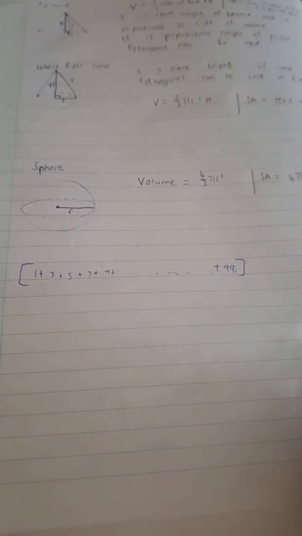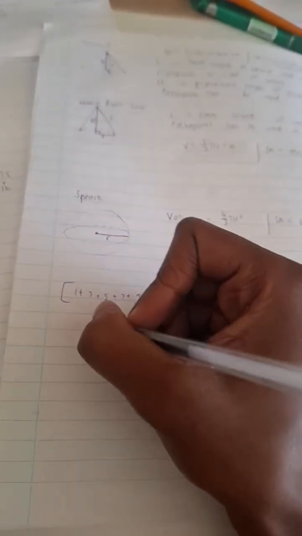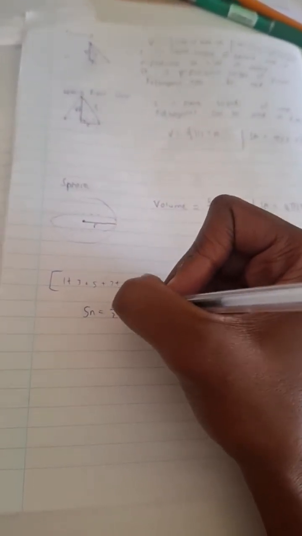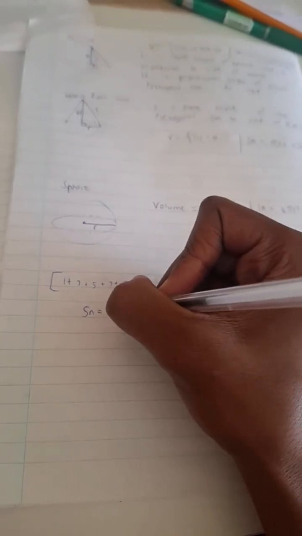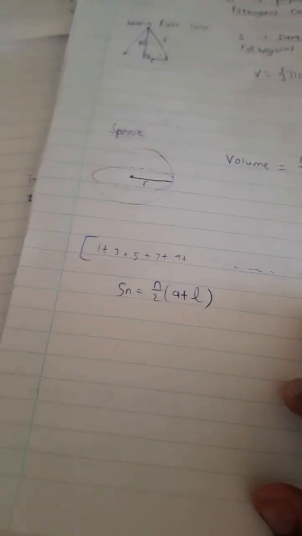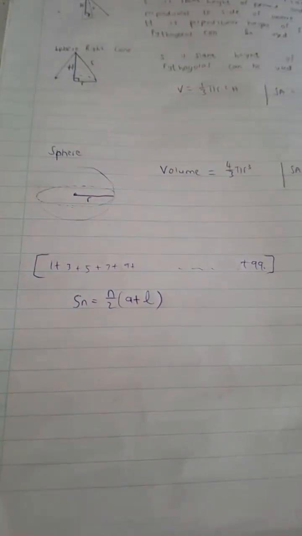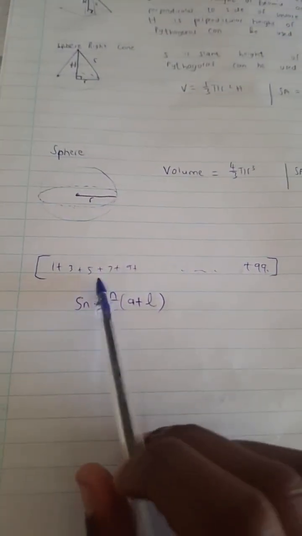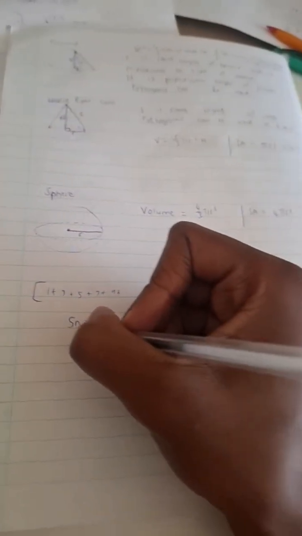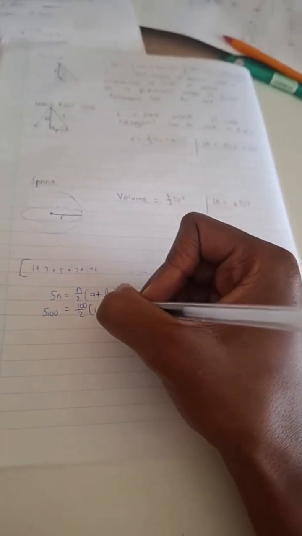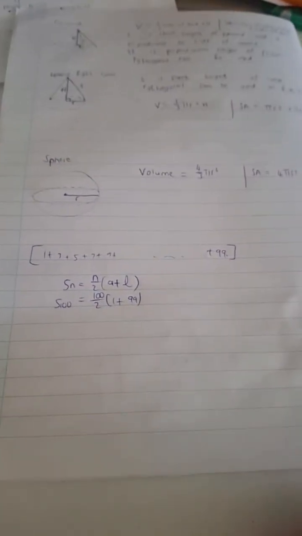Now if we were in grade 12, it's nice because we have a formula that helps us out very nicely. But unfortunately, as grade 10 learners, we don't have this formula, and we would have to intuitively add each value to get the sum. The sum of the first 100 is 100 divided by 2, times 1 plus L, where L is the last term.